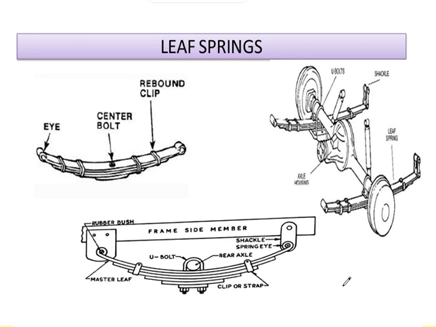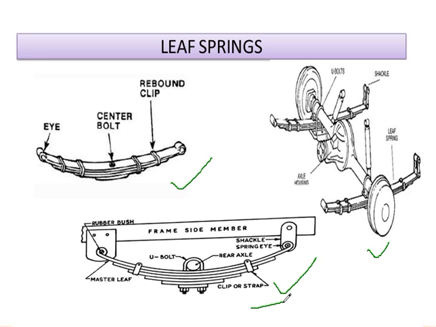Leaf springs. This is the schematic diagram of leaf springs. From this figure, it shows a rear axle leaf spring of semi-elliptical type. The spring consists of a number of leaves called blades.